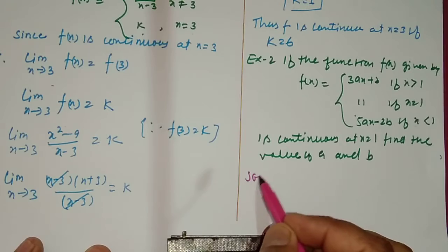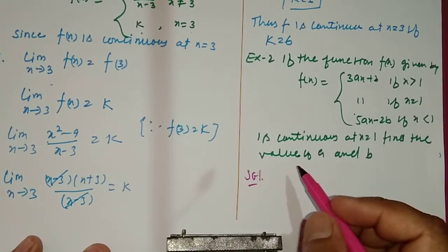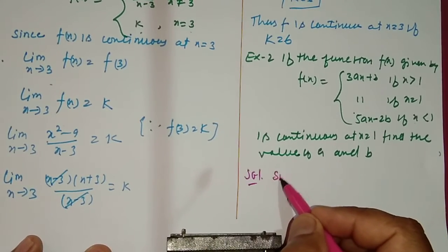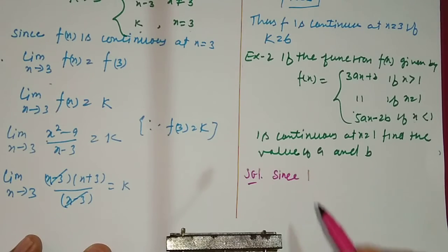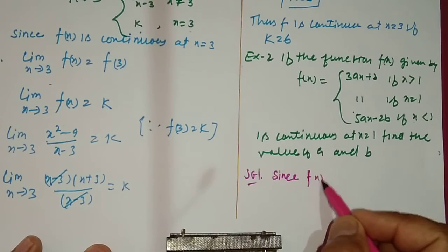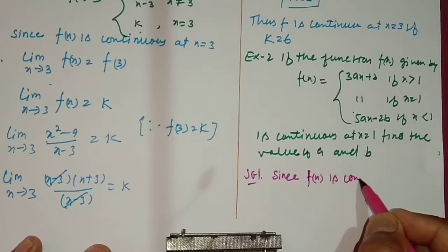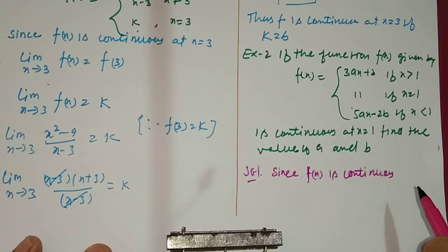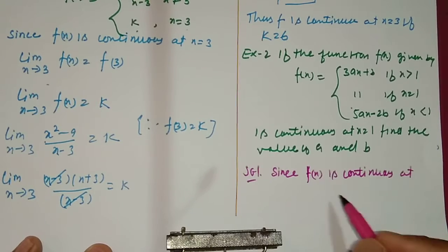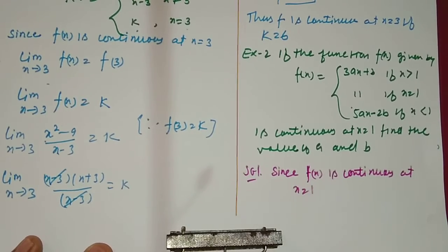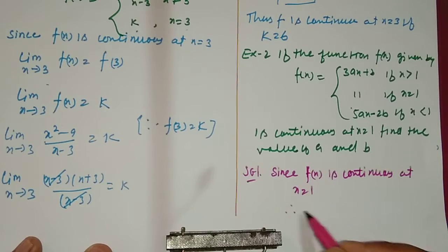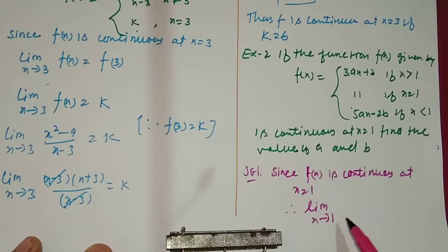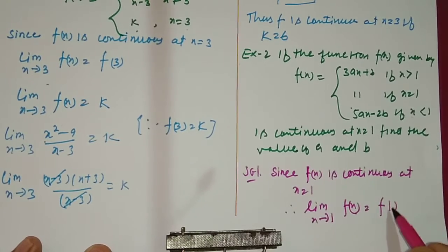Solution. Since f(x) is continuous at x is equal to 1, then limit x tends to 1 f(x) is equal to f(1).